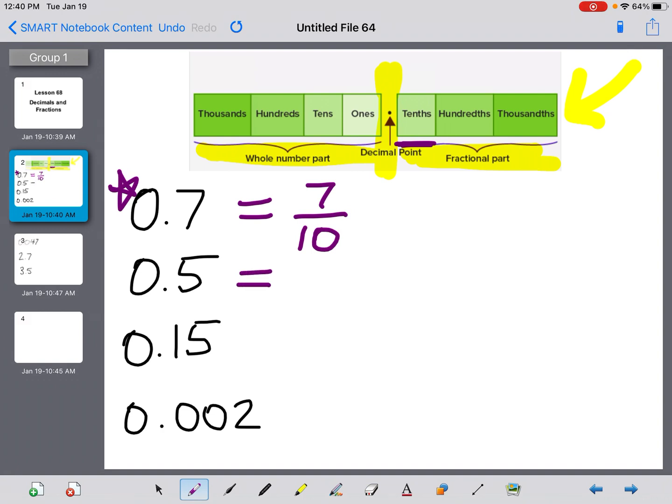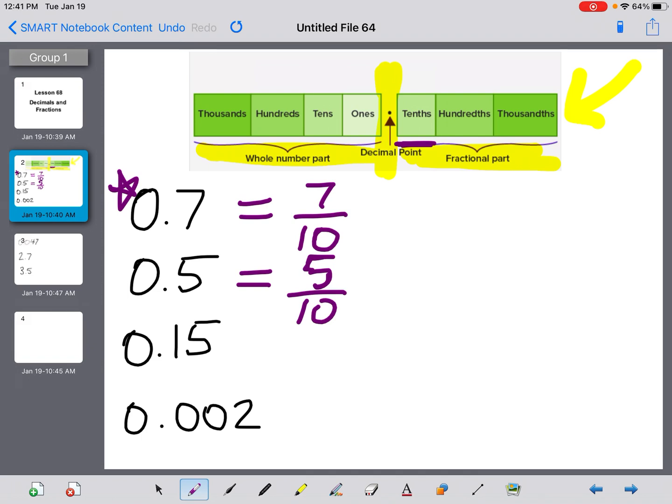Now let's look at this second example. The official math way to say it would be 5/10. So I just need to write it as 5/10. Now, there is actually one more step that we need to do, and this step you will have to follow in your work today as well. If the fraction that you come up with is not in simplest form, you need to simplify.